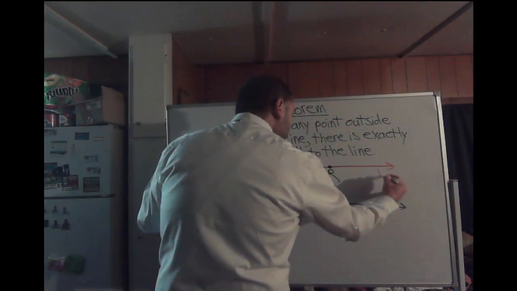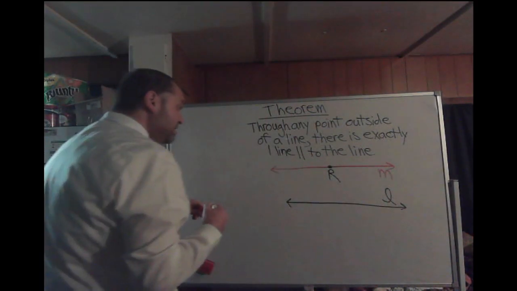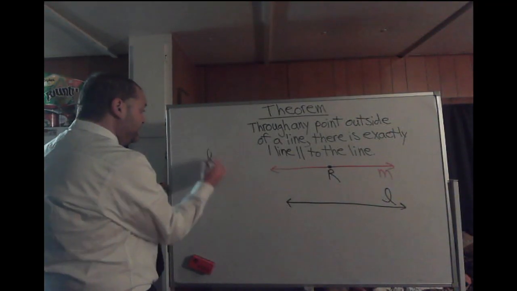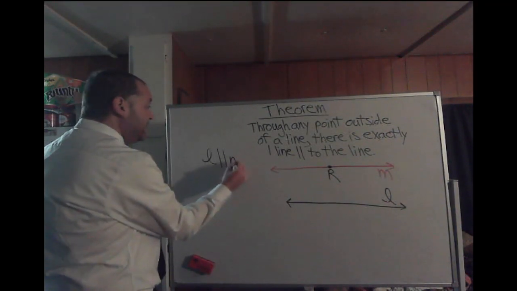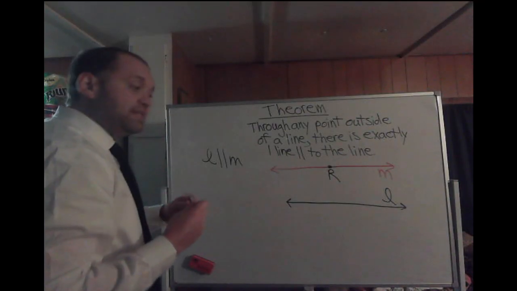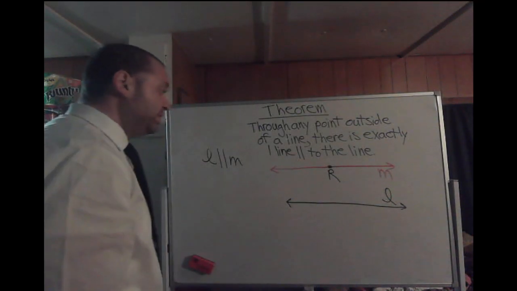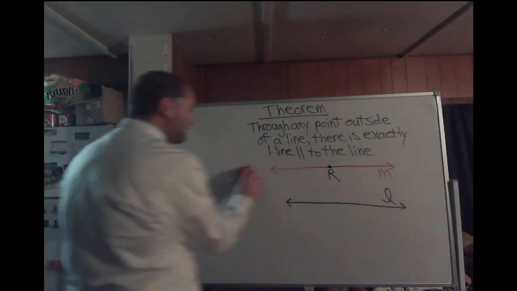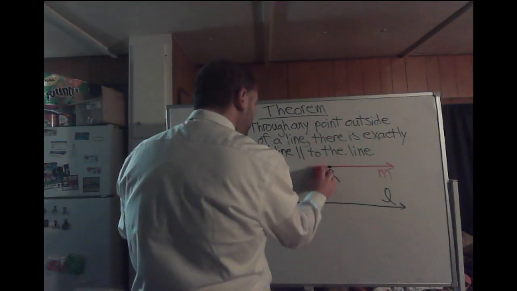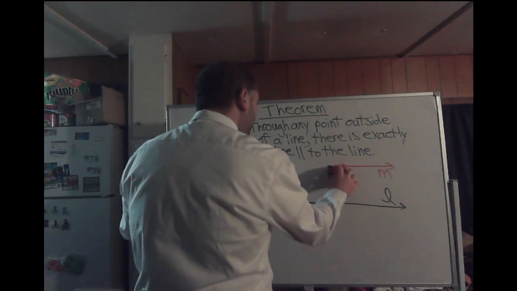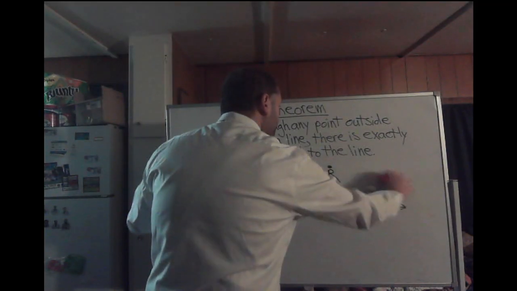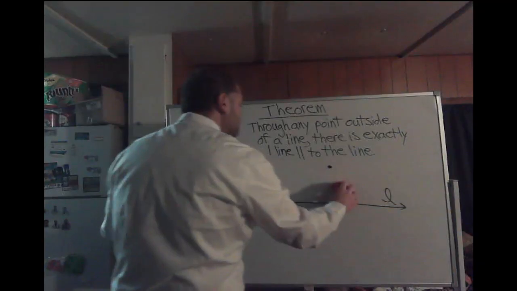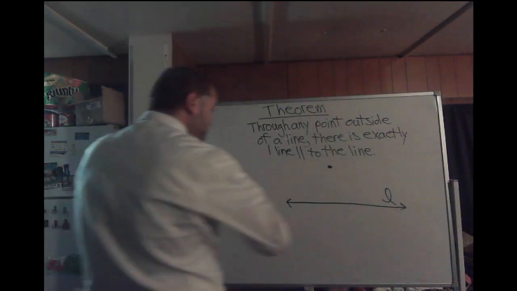We'll call this line M. So by that theorem, we can say that line L is parallel to line M. Pretty simple, right? Really not a bad theorem to understand. Alright, let me move this R. You're all going to see why in just a second.